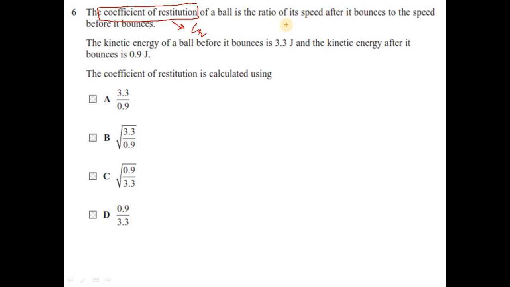As per the definition, if I have a ball moving with some initial velocity that hits the wall and then bounces back, so when it hits the wall with the velocity Vi and bounces back with the velocity Vf, then the coefficient of restitution is Vf, the final velocity, divided by the initial velocity. This is the definition of the coefficient of restitution.